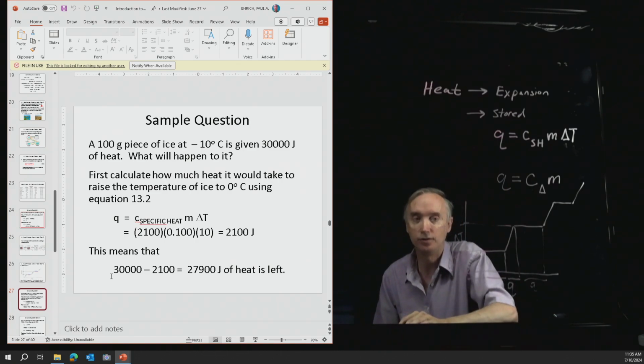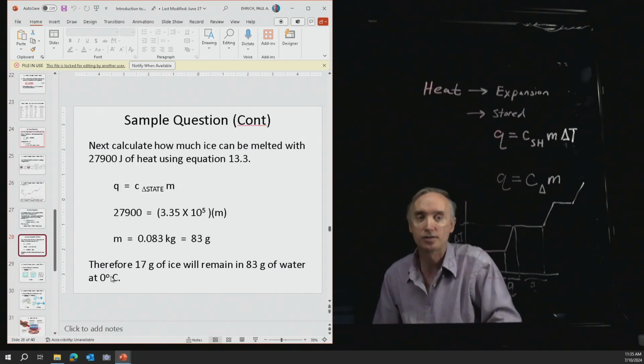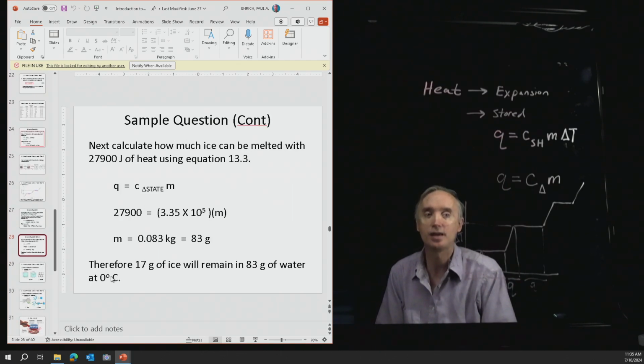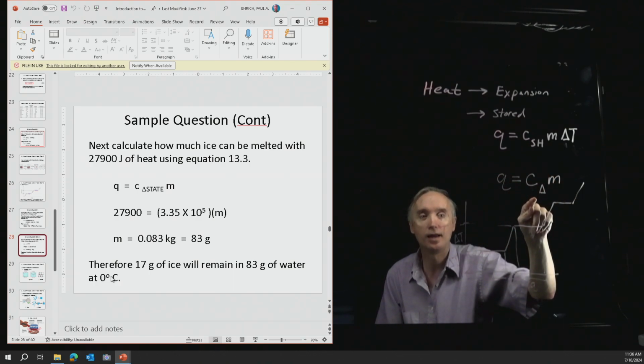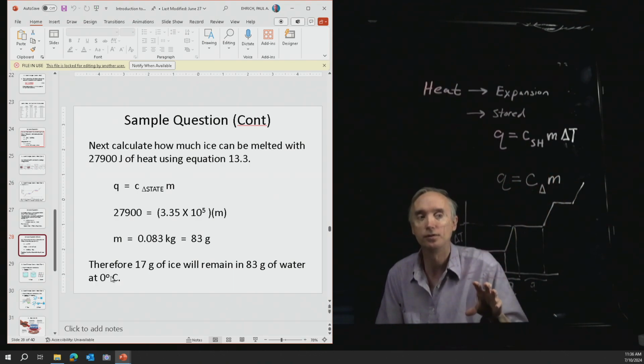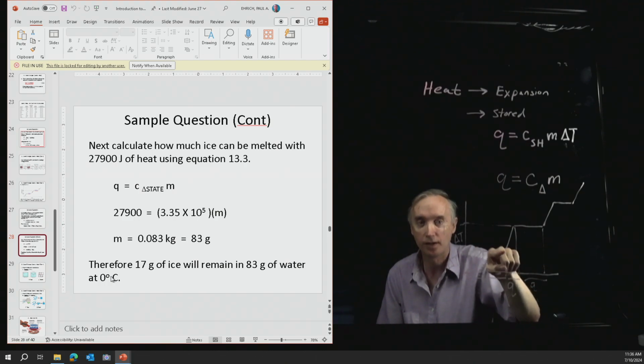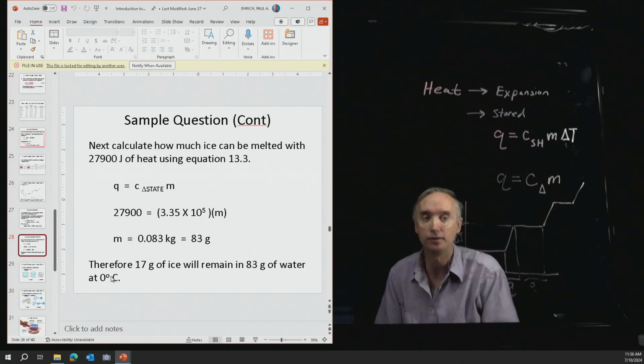So let's continue here. Next, calculate how much ice can be melted using 27,900 joules of heat. Now we're going to use this equation, and we need to find the constant for water going from a solid to a liquid, and it turns out that there's the constant there.